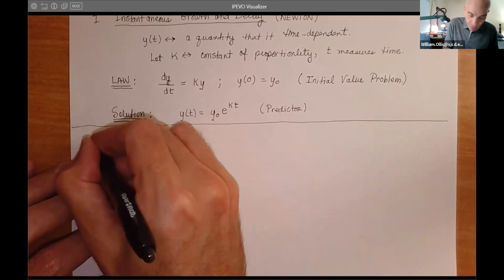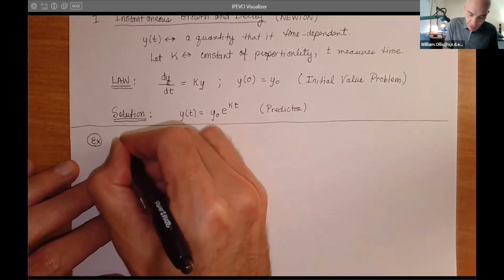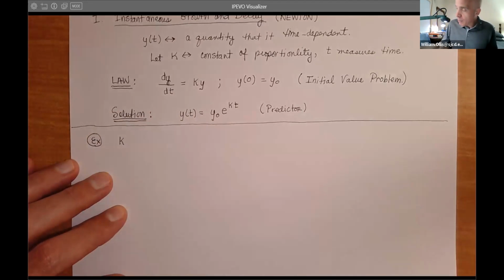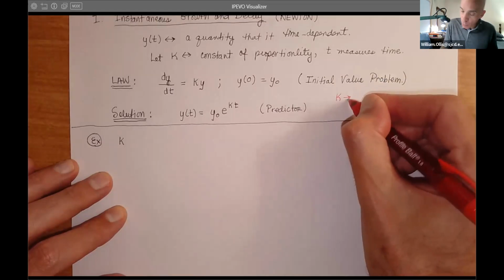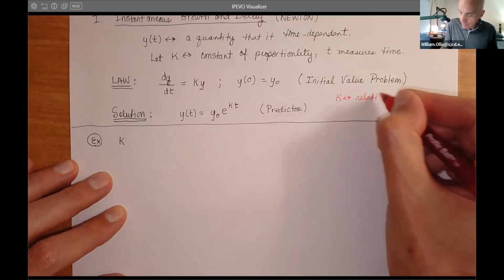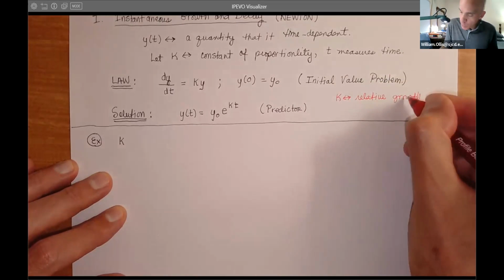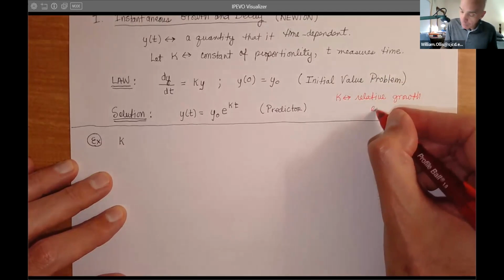So here's an example. Say, for instance, we're given that the K, and sometimes we call K by a special name. K is sometimes called the relative growth rate. So if you see this in a problem, that's what K is, relative growth rate.